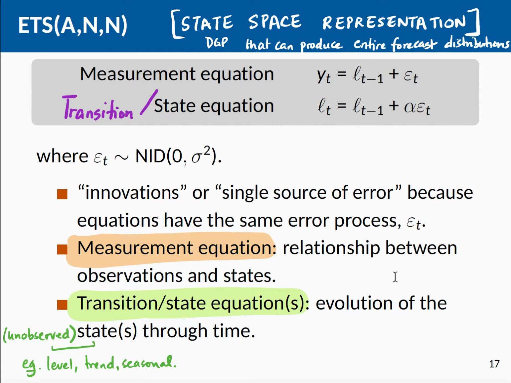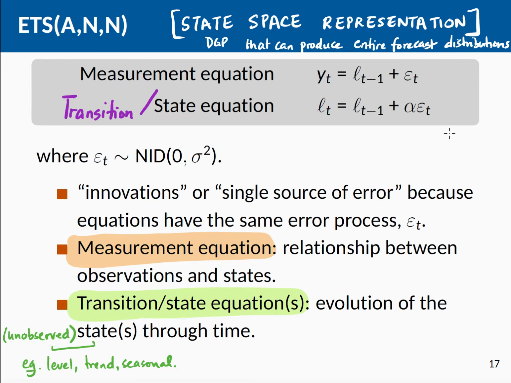The measurement equation, which is the first one right here, is useful to establish a relationship between observations and states. Okay, so you have some observed values of a time series, but you also have some kind of states that could come from either levels, trends, or seasonal components. Okay, and these states are unobserved. So this is what we're trying to uncover using exponential models.